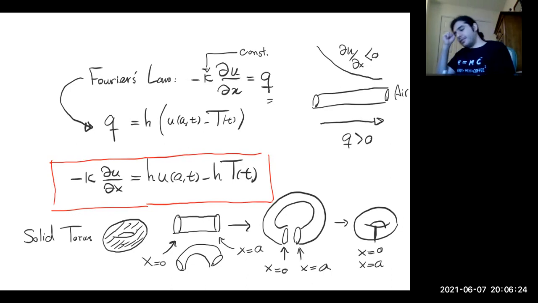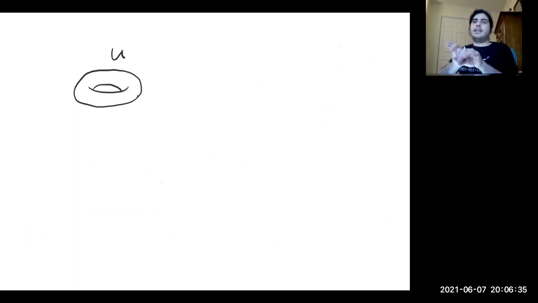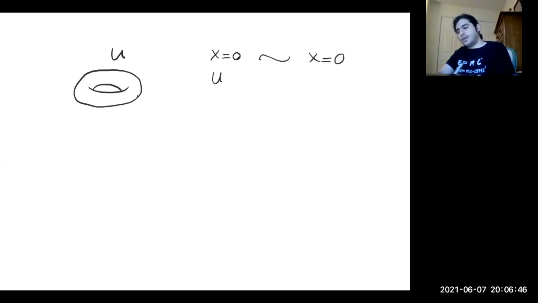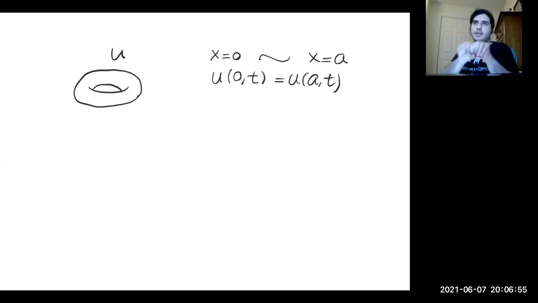Now, if you study the function u on this torus, rather than on a cylinder, if it's defined on this solid torus, well, because the point x equals 0 is now identified, glued to the point x equals a, the function u at the point 0 and t should be equal to the function u at the point a and t, because they're basically glued together now.